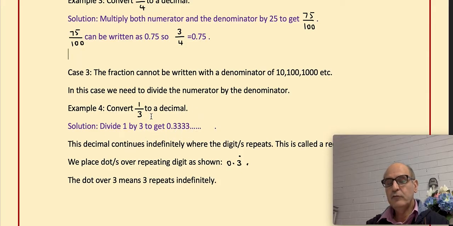But if you want to show that this is going on forever, put a dot over the 3. That dot over the 3 means that this 3 goes on indefinitely. And this is called a recurring decimal. A recurring decimal is a decimal where its digits keep repeating indefinitely.